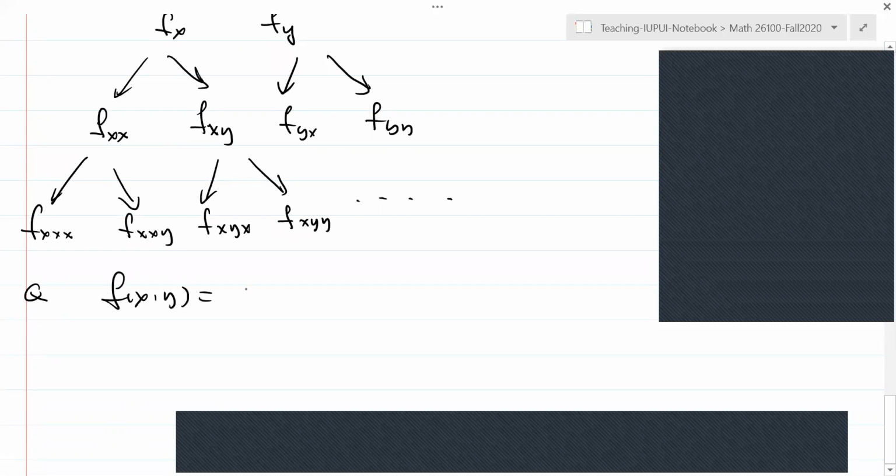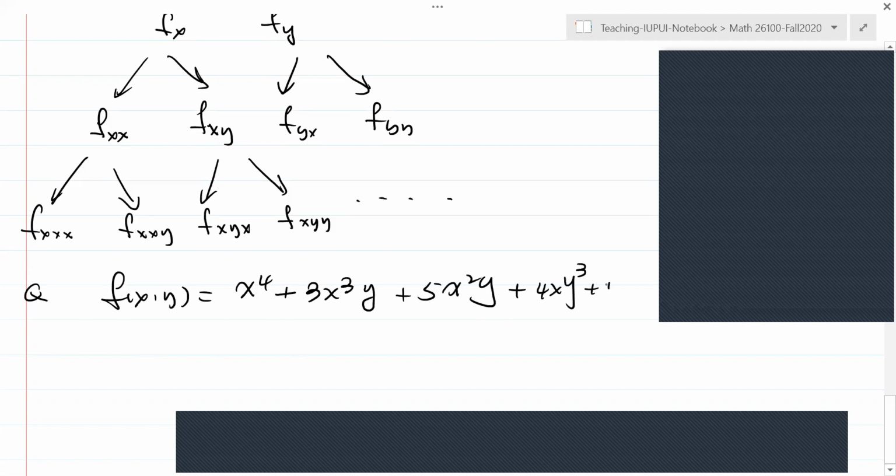I have x to the fourth power, plus 3x cubed y, plus 5x squared y squared, plus 4xy cubed, plus 7y to the fourth power. All the possible terms, you already find that, of degree 4. So this is a homogeneous polynomial in x and y variables.